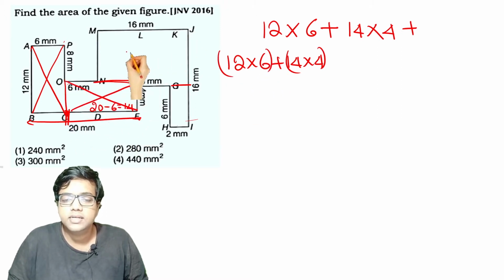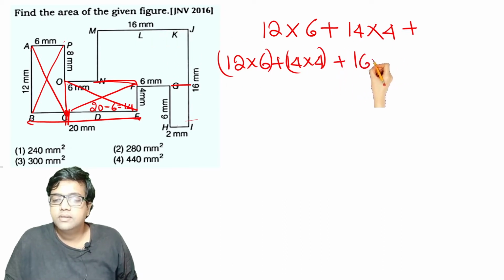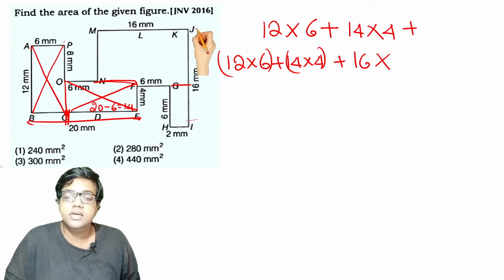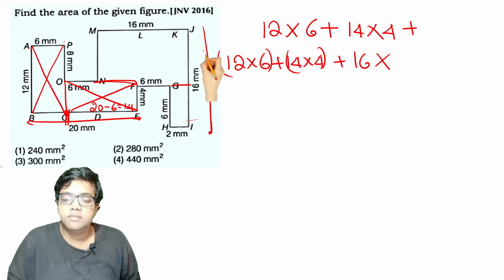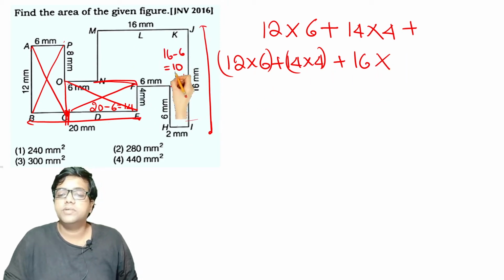So what about this rectangle? Third rectangle: 16 mm is the length into breadth. The total breadth is 16 mm up to here, but up to here it is 6 mm. So the breadth will be 16 minus 6, which is 10 mm.